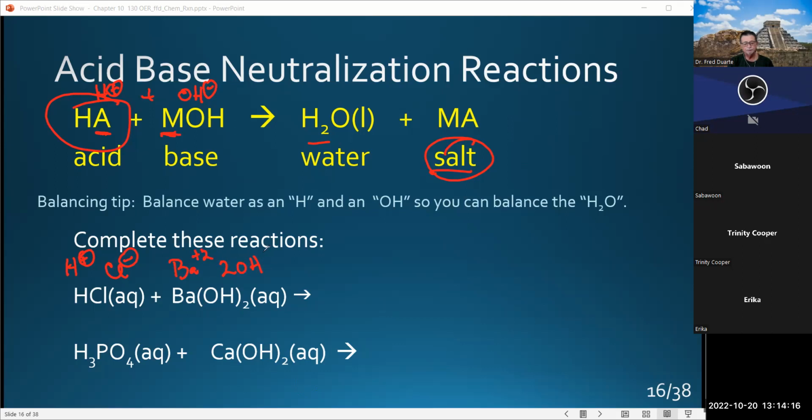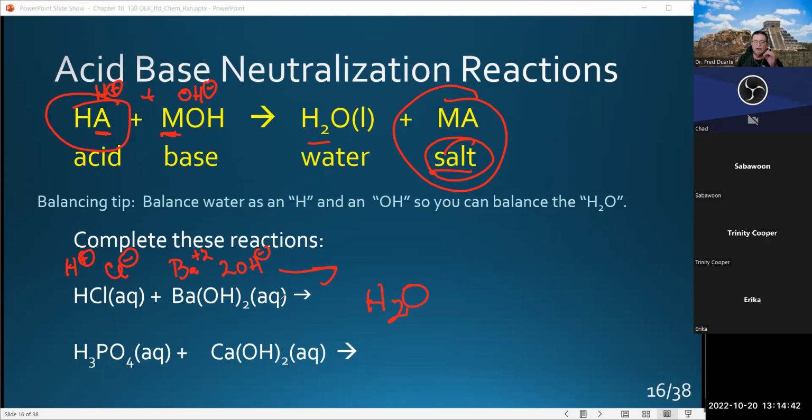Okay. So breaking them down into ions will also help me when I put them together again to write the correct salt that is generated. Now, with respect to proton and hydroxides, they're going to automatically react together and produce water.